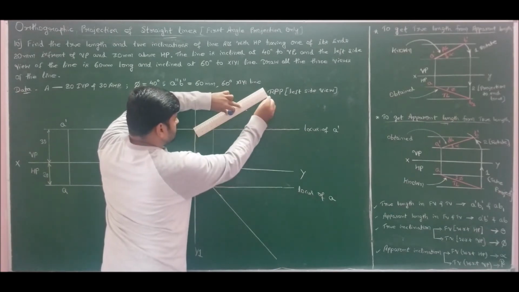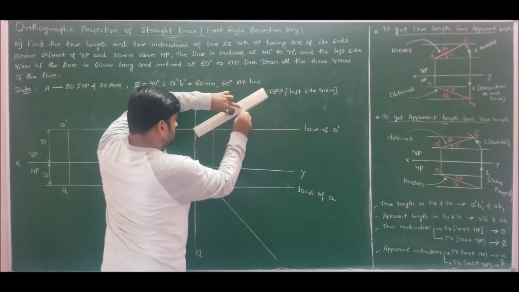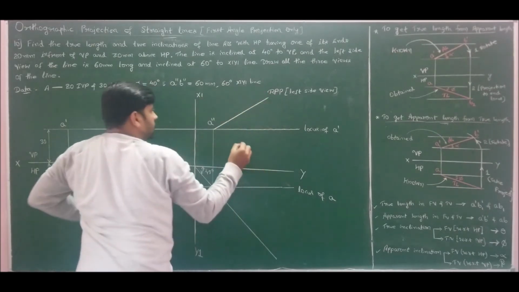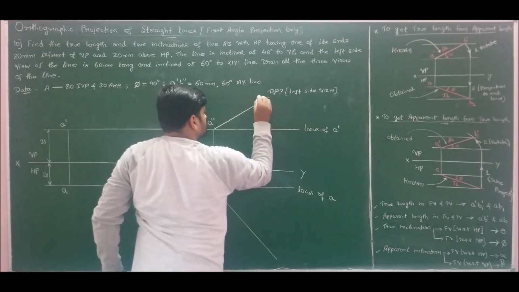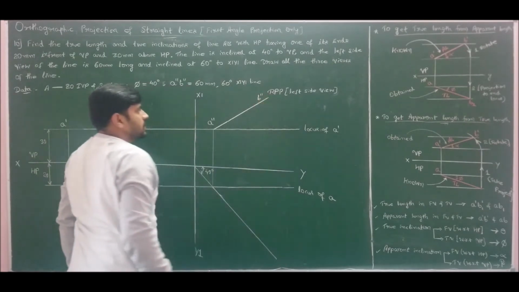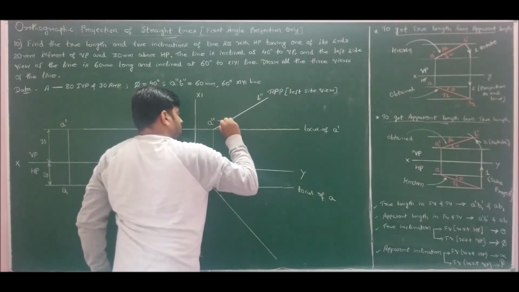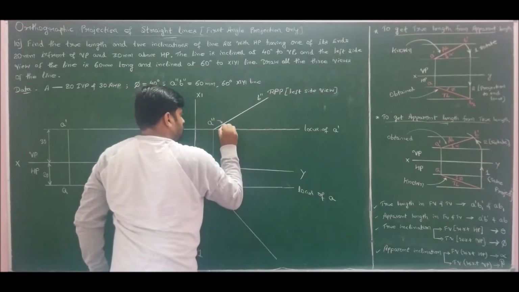So I have drawn 60 mm at 60 degrees to vertical. This is nothing but the side view A double dash B double dash. So this angle is 30 degrees to xy, 60 degrees to x1y1.